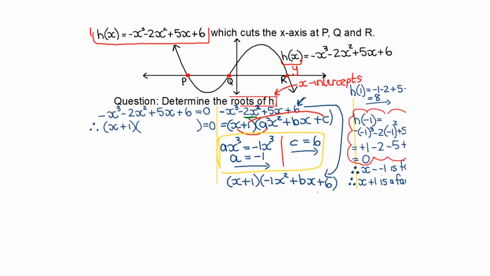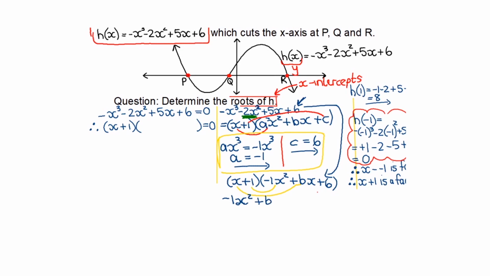So how will I get x squared? Because I know negative 2x squared is given in the original equation. So the only way I'm going to get to x squared is when I multiply this and those two. Which means I'm going to have negative 1x squared plus the bx squared.